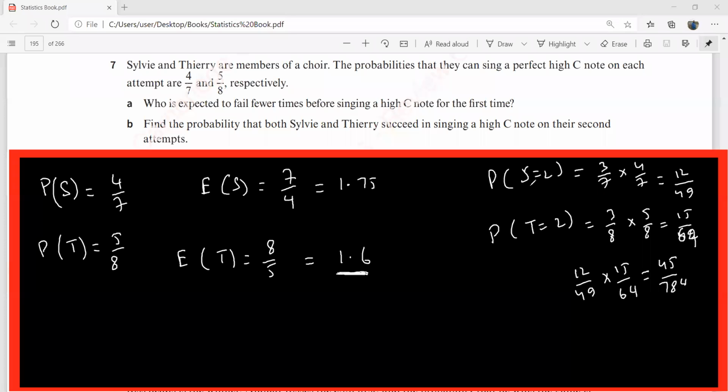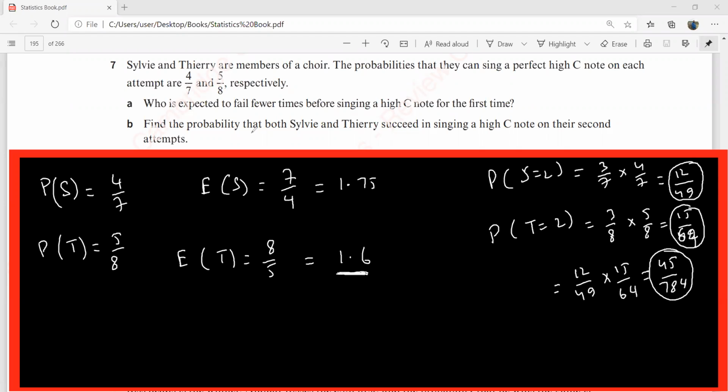So this was that Sylvie sings correctly on her second attempt. This is a probability, and this is for the theory on the second attempt. And then we multiply them. This is where they are both going to sing on their second attempt correctly. So they say this is the right answer.